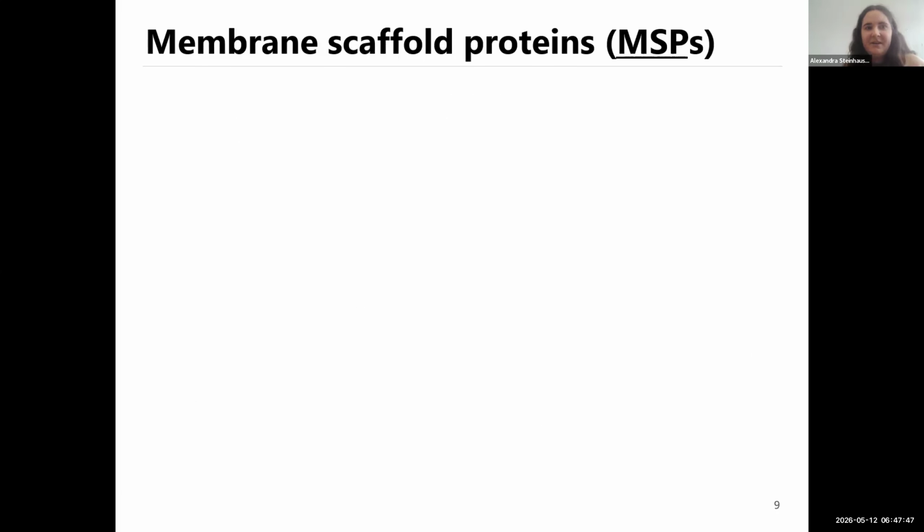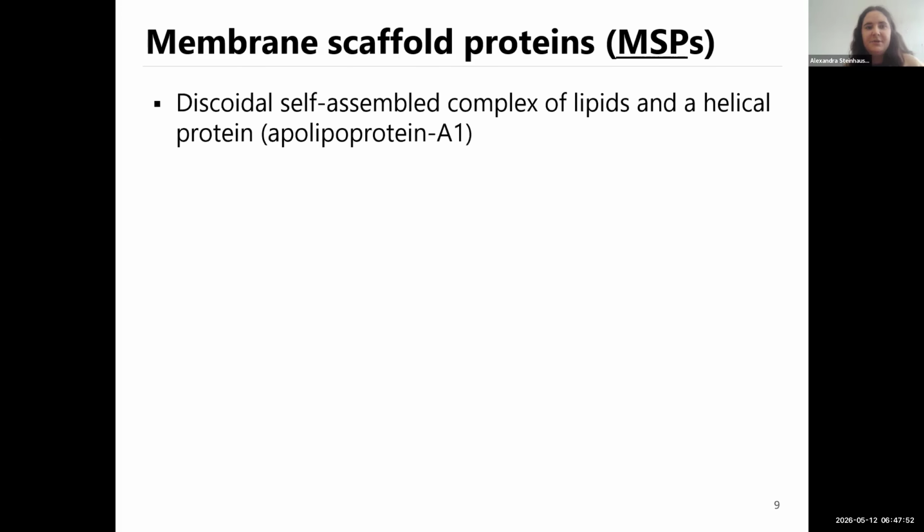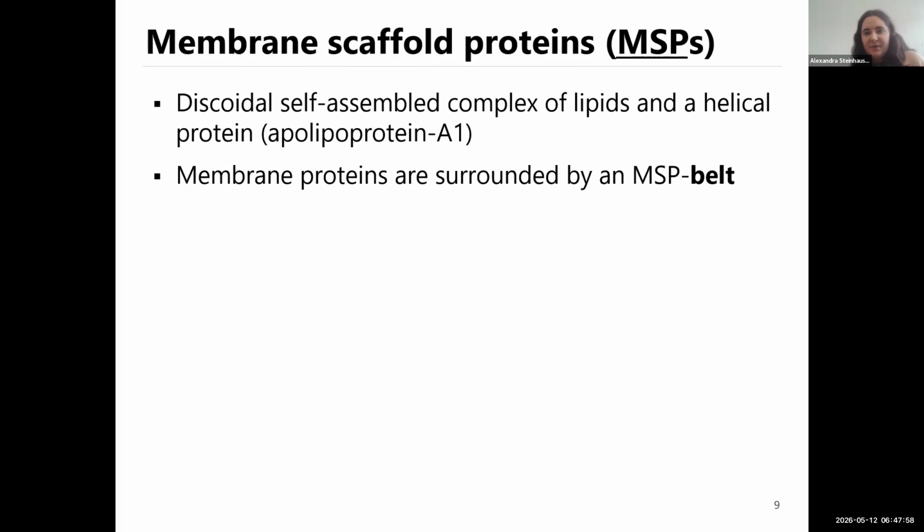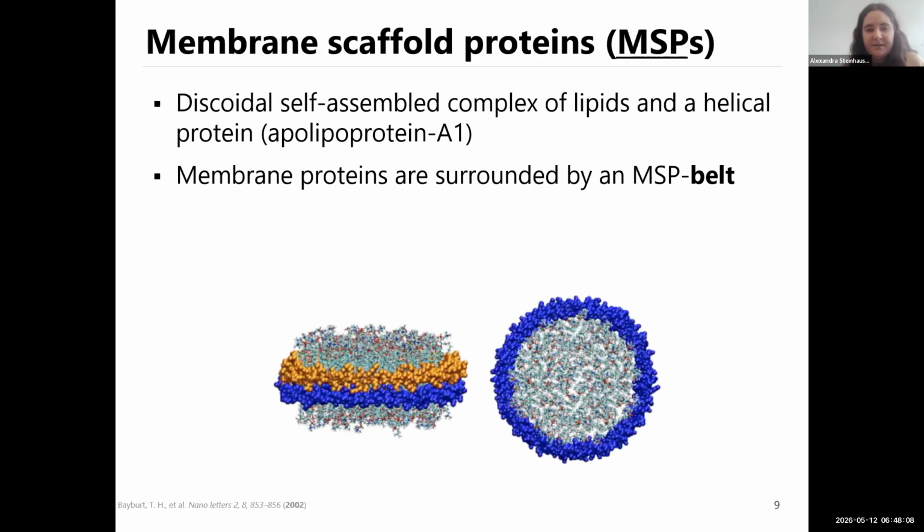And we compared it with the membrane scaffold proteins, short MSPs, which are a self-assembled complex of lipids and a helical protein. This helical protein surrounds the membrane proteins by this specific MSP belt. MSP is derived from the sequence of apolipoprotein A1. Here we see the characteristic belt.